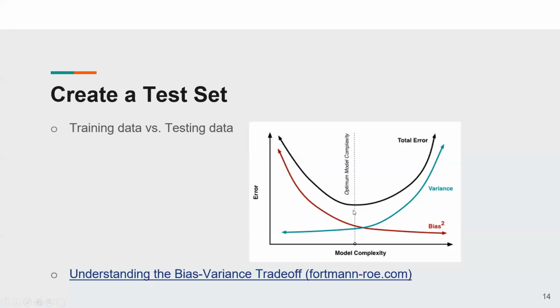So once you have that, you want to pick the minimized total error for the model, so that you would know that your model is not only doing reasonably well on the data that you see, but also would do reasonably well on other data that you have never seen. Okay, so that's the whole purpose of creating a test set. So you use the training data to run through your model and use your test data to test how well the model is doing.